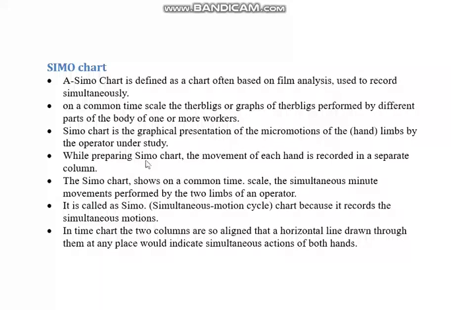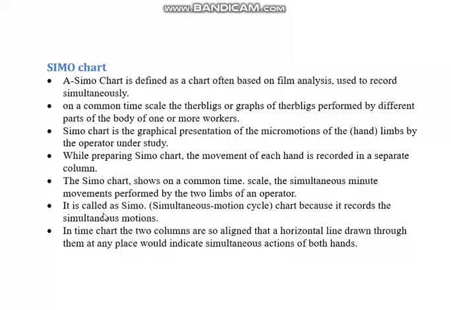Okay, while preparing a SIMO chart, the movement of each hand is recorded in a separate column. So for the left hand there will be a separate column, for the right hand there will be a separate column. The SIMO chart shows them on a common time scale. That's what we have seen here, common time scale. The simultaneous minute movements, or micro movements, performed by the two limbs of an operator.